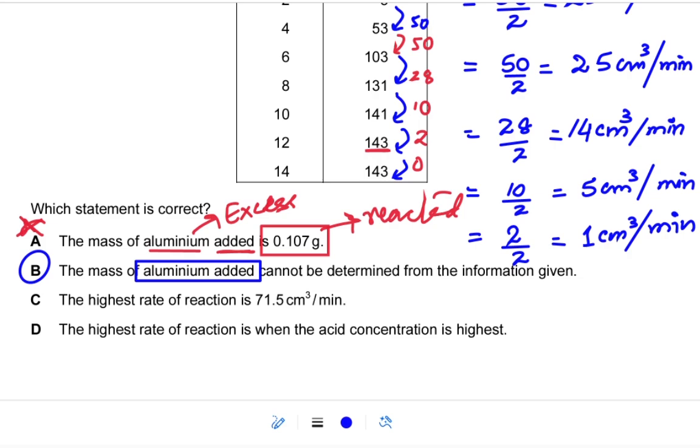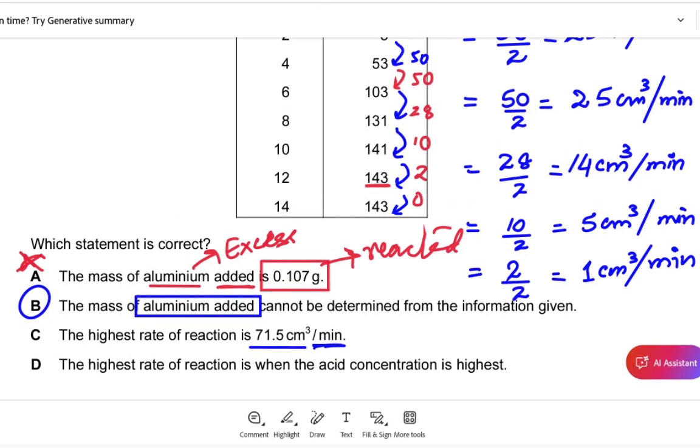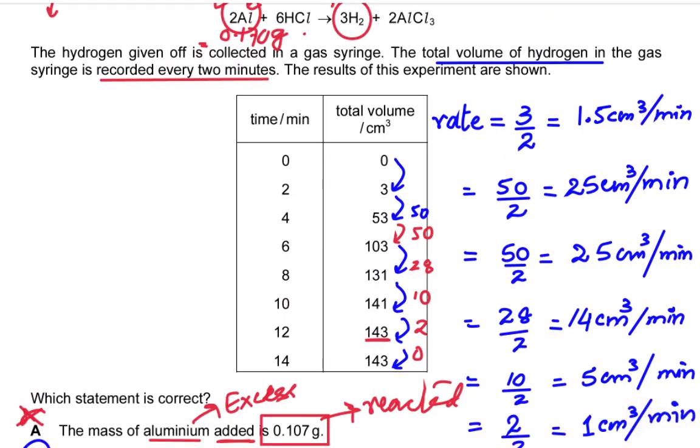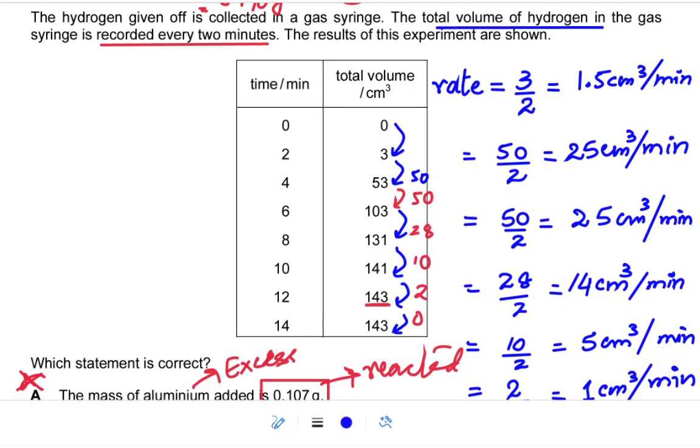The highest rate of reaction is 71.5 centimeter cube per minute. It could be per second, but the question has given us 71.5 centimeter cube. So how will you calculate the rate of reaction? First of all, you must know that the time interval is 2 minutes, from 0 to 2 minutes.